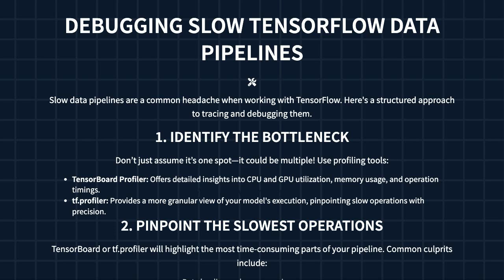Once you've identified those slow spots, it's time for some code inspection, looking at your data loading, preprocessing steps, and even batch sizes. You can also use TensorFlow's built-in debugging tools like tf.debugging to spot any unexpected behavior. Finally, don't just optimize once. Continuously monitor your pipeline's performance as you make changes, and keep refining it until it runs smoothly.